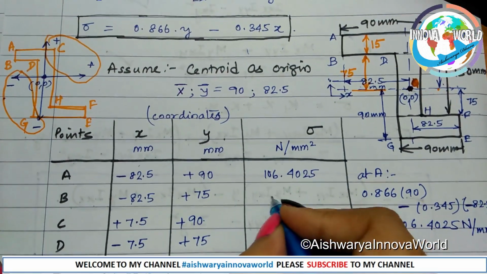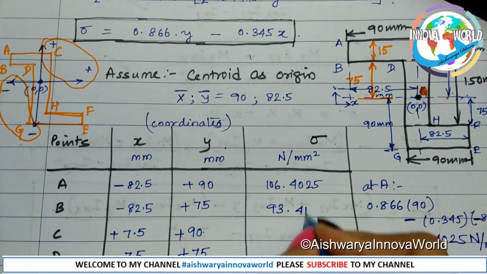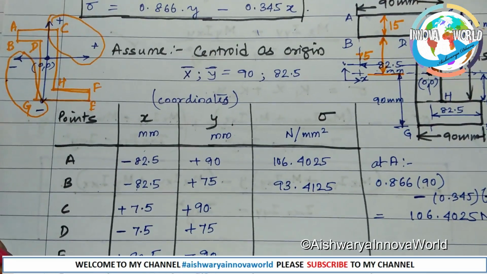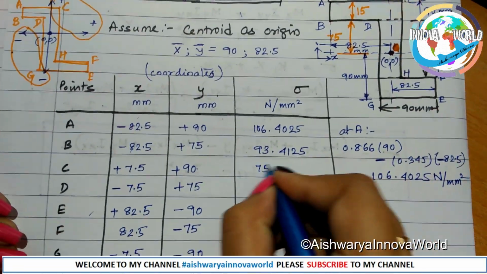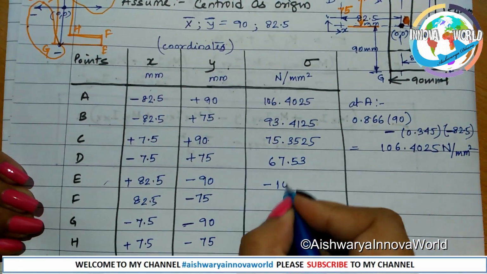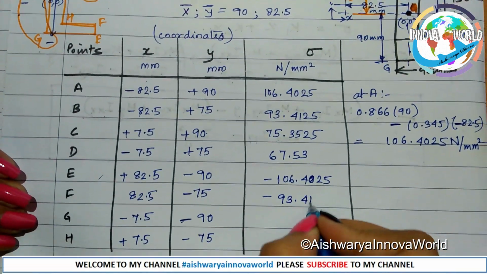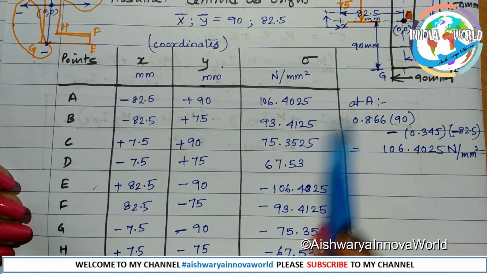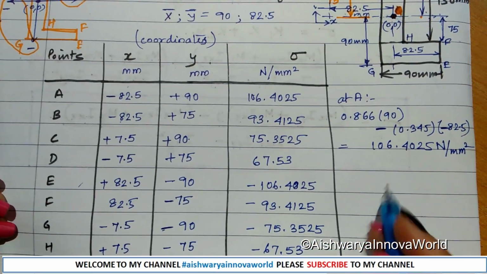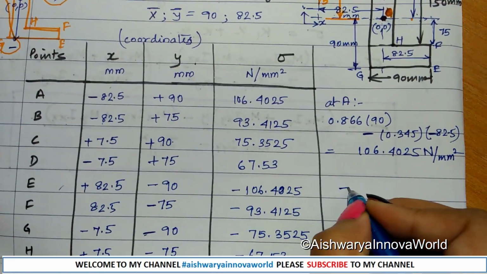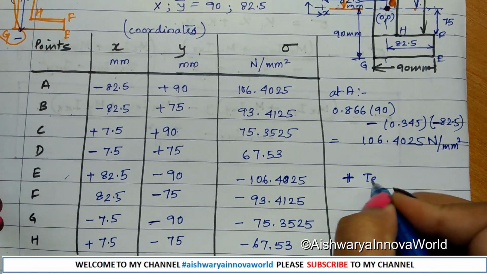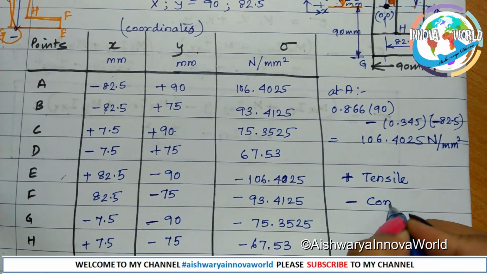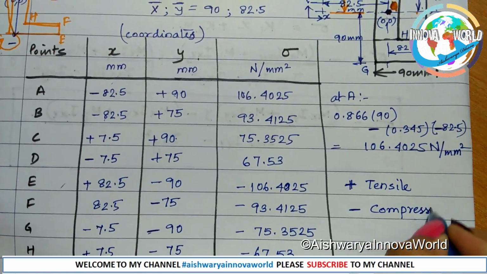Similarly, substitute these x and y coordinates in the sigma value. Here you get 93.4125. Similarly, you follow the other steps till H. See here, we get these values. Now, already I have said if you get a positive value, that means that is a tensile stress. If you get negative, that is a compressive stress.